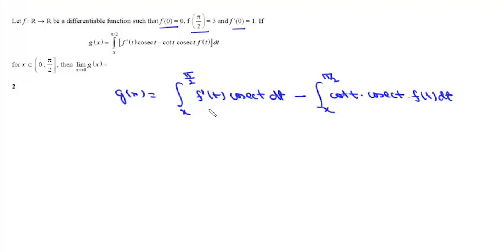Now what we'll do is solve this question taking cosec t as the first function and f dash t as the second function.